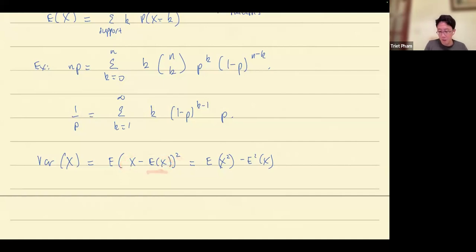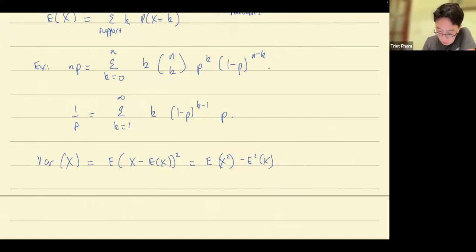This is more of a calculation formula, which people tend to use to calculate the variance. I guess students tend to confuse this a lot when they perform variance calculation.